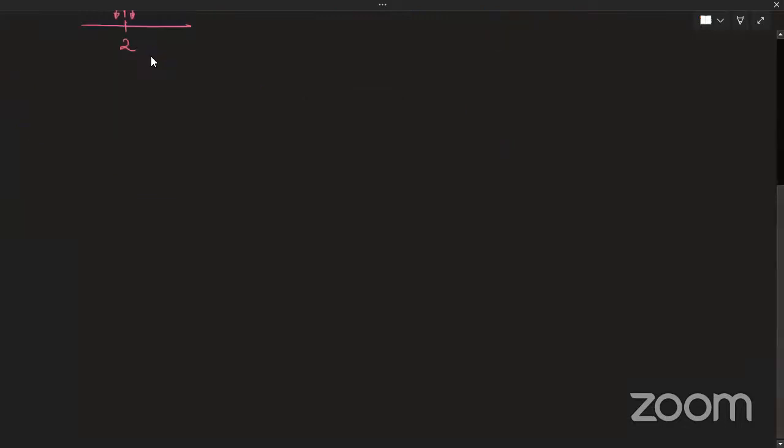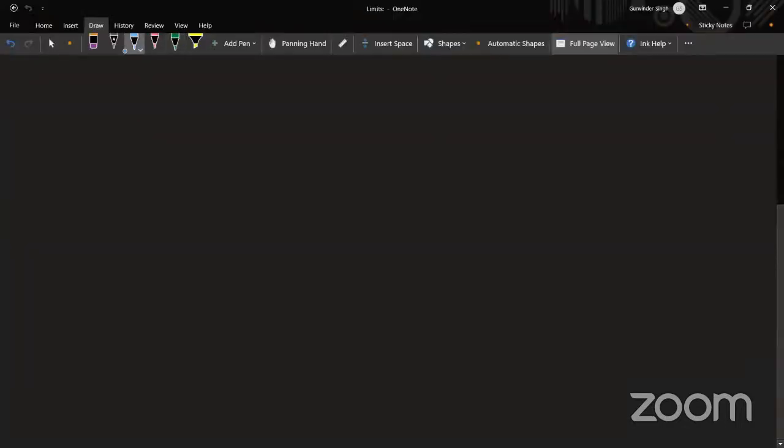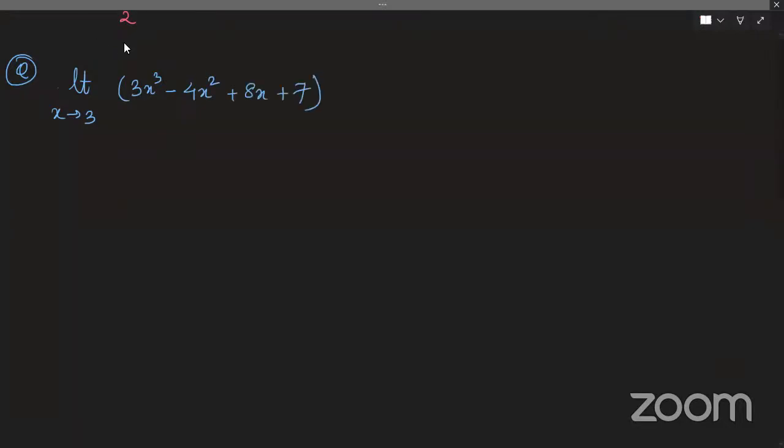I give you any polynomial, you will be able to solve its limits. If I give you something like this, again you can do it easily, right?